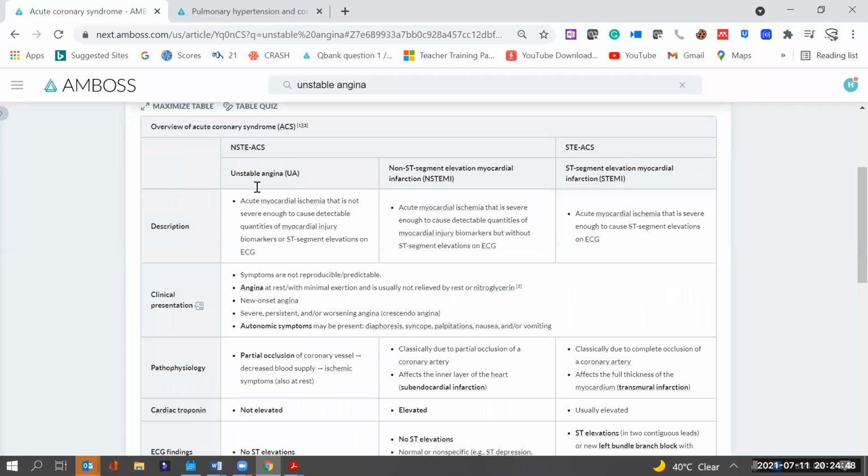So we are just going to consider here the unstable angina, because this is acute myocardial ischemia. There is a lack of blood supply to the heart that is not severe enough to cause detectable quantities of myocardial injury. The heart is receiving very little blood, and with the passage of time, there will be ischemia, infarction, dilatation, regurgitation, congestive heart failure.